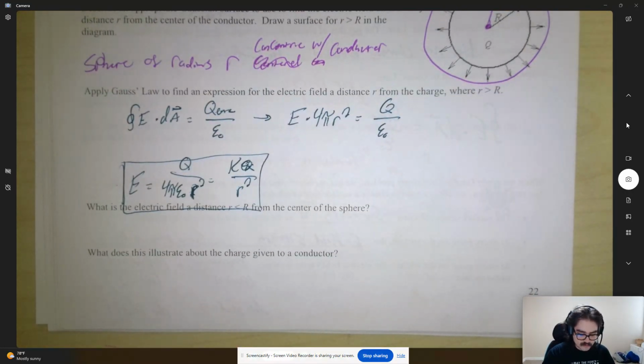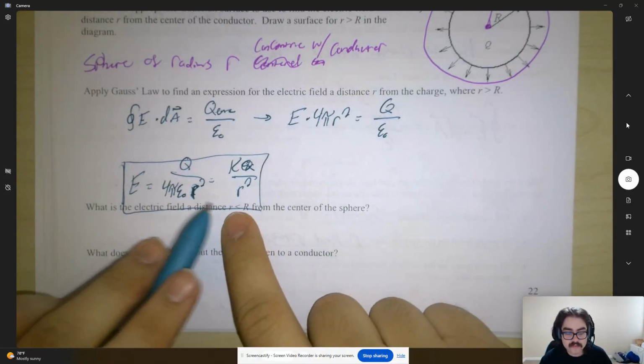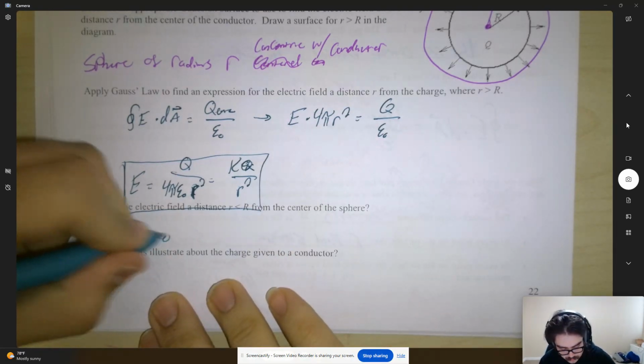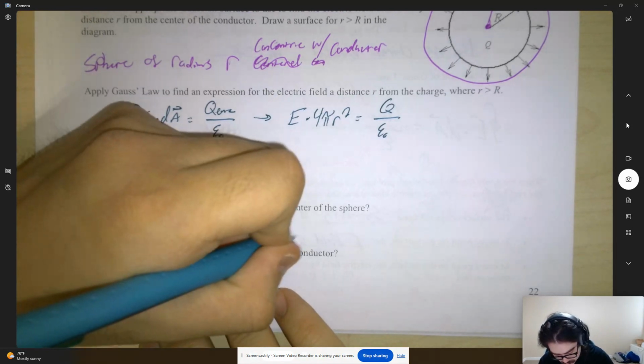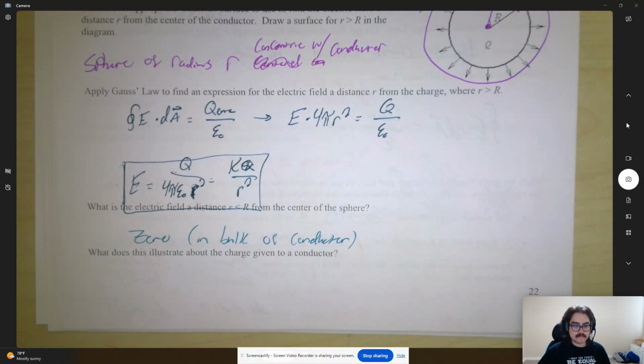What is the electric field a distance little r from the center of the sphere? If little r is less than big R, this is going to be in the bulk of the conductor, so it would be 0, because you're in the bulk of the conductor.